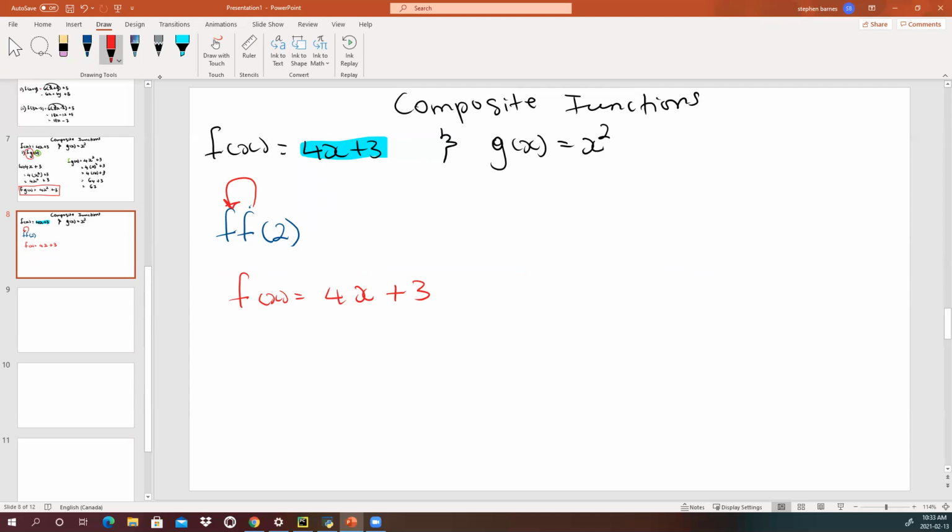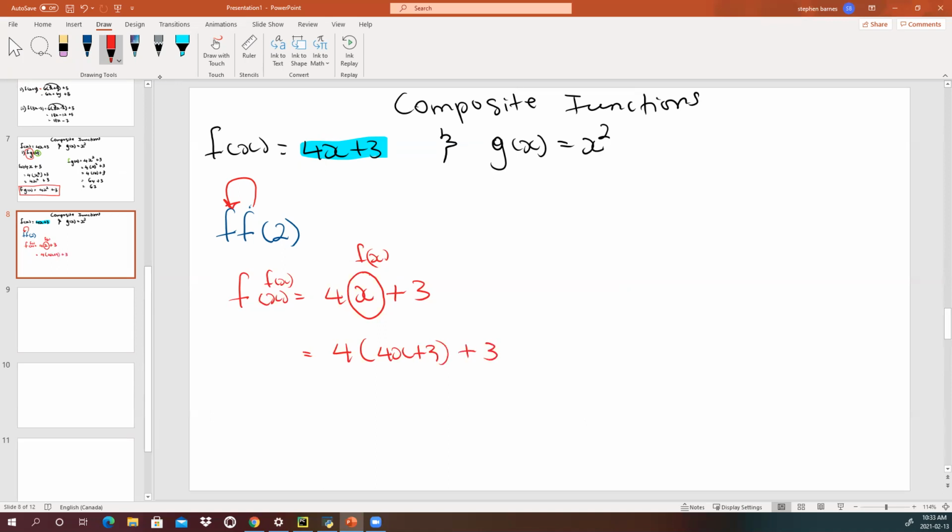Anywhere you see the x, you put the f of x function, yes? So we're going to go 4, put the f function, which is 4x plus 3, plus 3 out here.